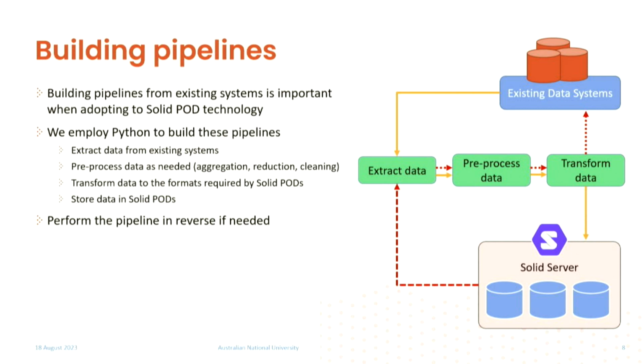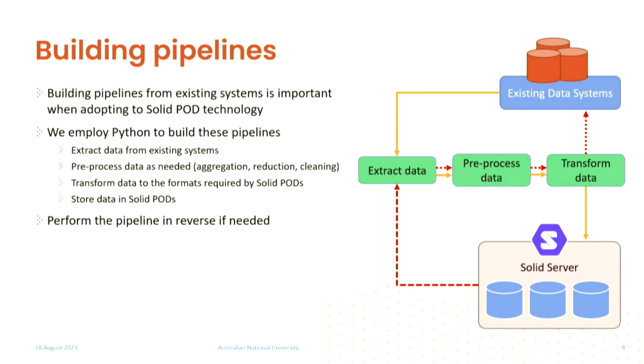And the built-in pipeline. Now we are going into our project here. When migrating from existing systems to these decentralized pods-based systems, one of the challenges we face is that we cannot fully migrate at once into these pods-based concepts.